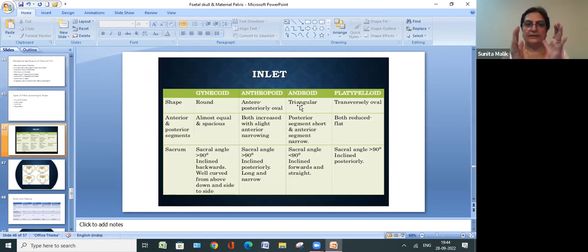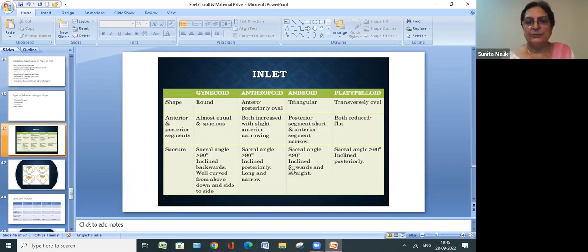Android is triangular or heart shaped, and platypelloid is transversely oval. So if it is round, the anterior and posterior segments are going to be equal. In anthropoid also, since it's AP oval, there is little narrowing on the anterior side, but the segments are almost equal. But in android, the posterior segment is short and the anterior segment is narrow. In platypelloid, both are small.